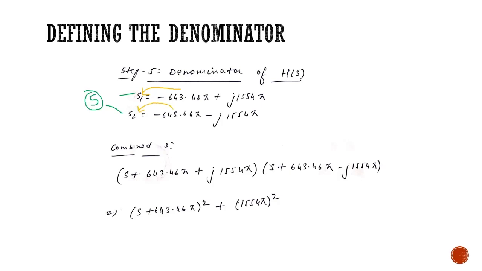Similarly, in the case of S2, we take this entire term and put that on the left hand side. And what that gives us is S plus 643.46 pi plus J1554 pi multiplied by S plus 643.46 pi minus J1554 pi.